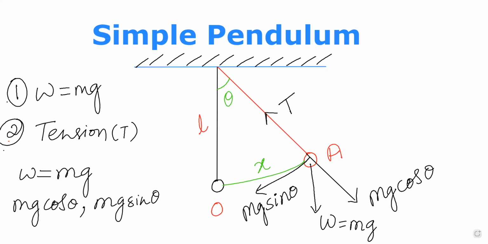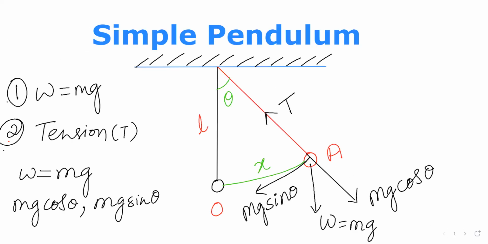Now, mg cos theta acts opposite to the tension, so both cancel each other here.